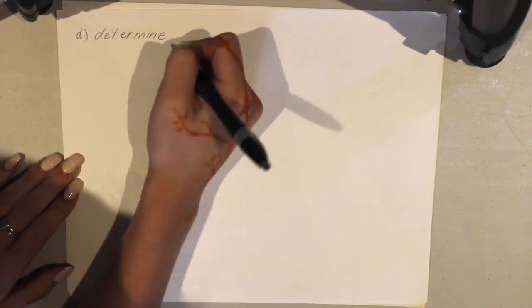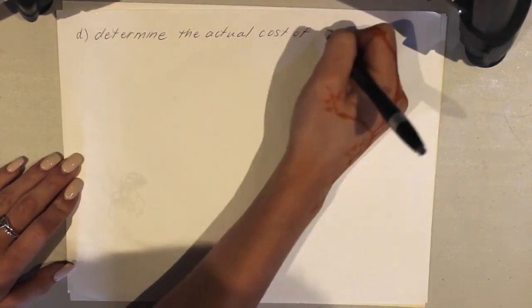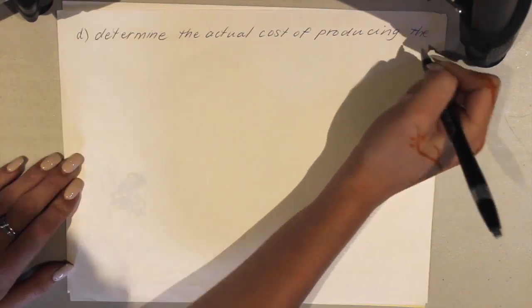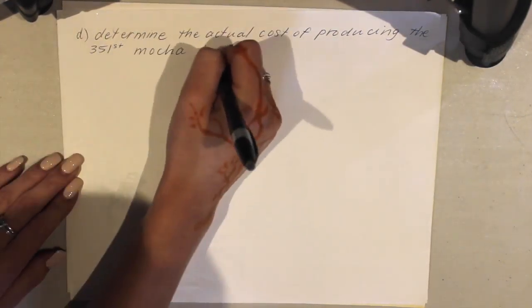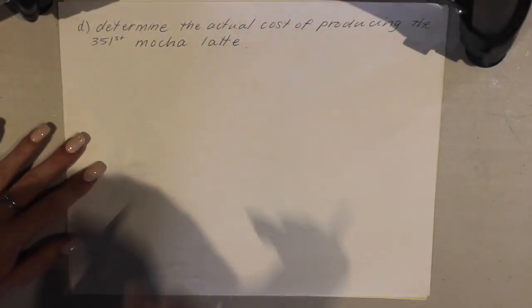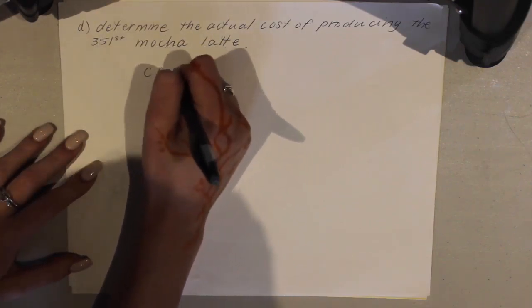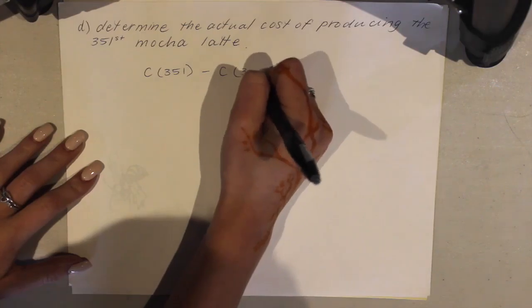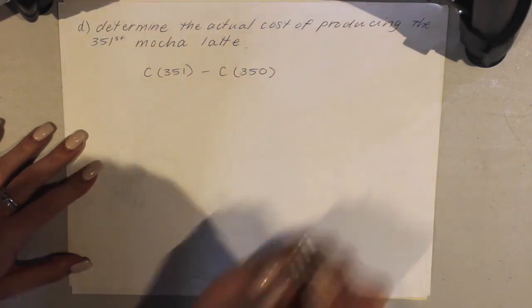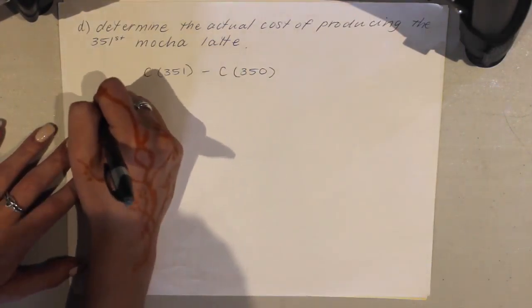Part D branches off from some of the answers and methods used in Part C and asks us to find the actual cost of the 351st mocha latte. So the cost of producing the 351st mocha latte is actually just your C of 351 minus your C of 350.